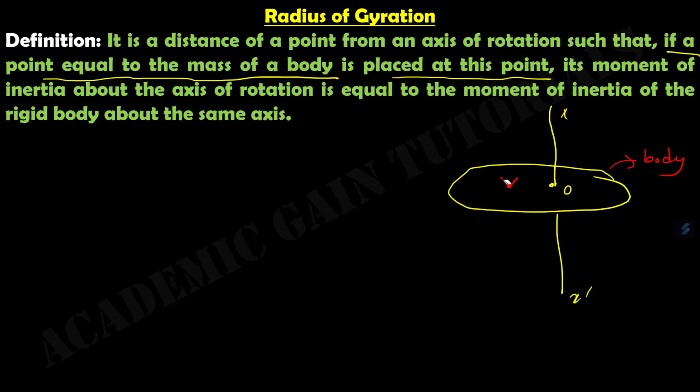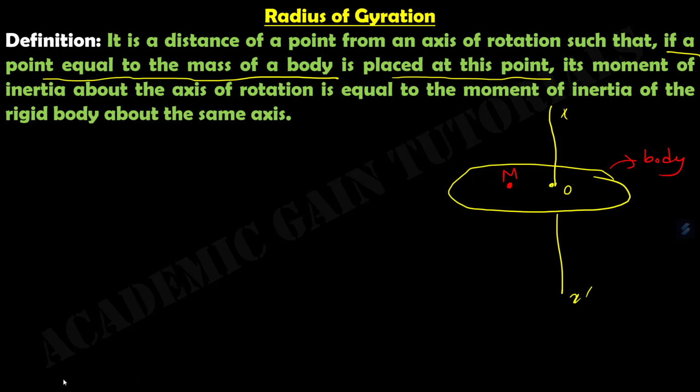So suppose the total mass of this body is capital M, and we pointed out this point where we can place all of this mass of this body, so we find a point where the mass of the body is placed. Its moment of inertia about the axis of rotation is equal to the moment of inertia of the rigid body about the same axis.